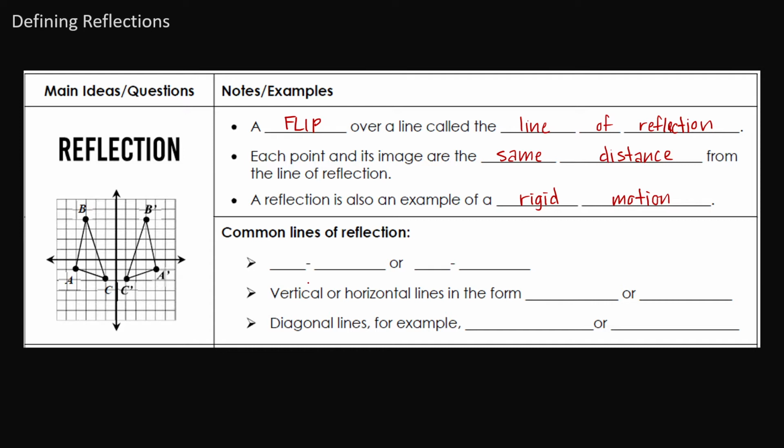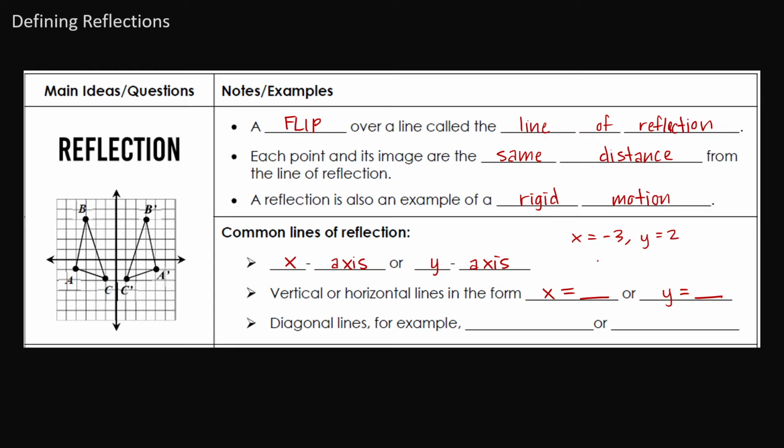Some of the common lines of reflection would be the x-axis or the y-axis, vertical or horizontal lines in the form of x equals a number or y equals a number. For example, x equals -3 or y equals 2.